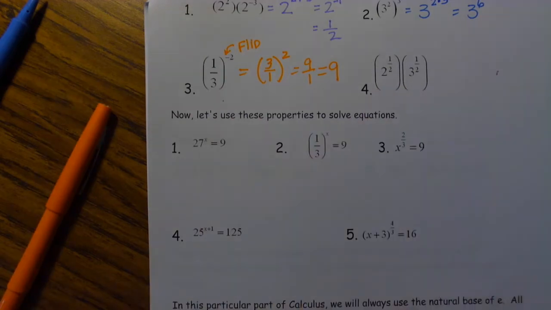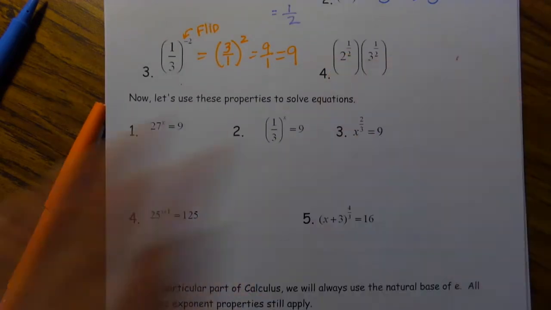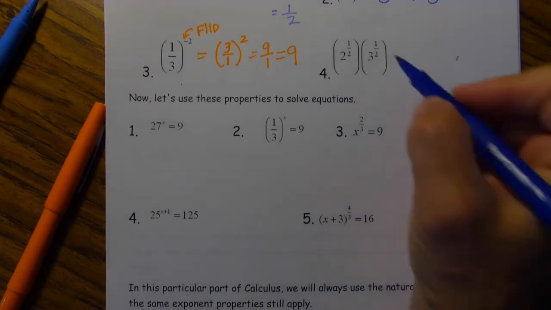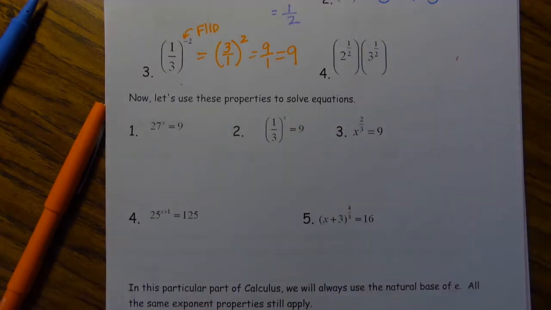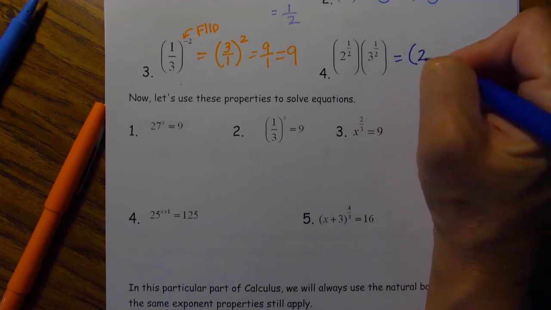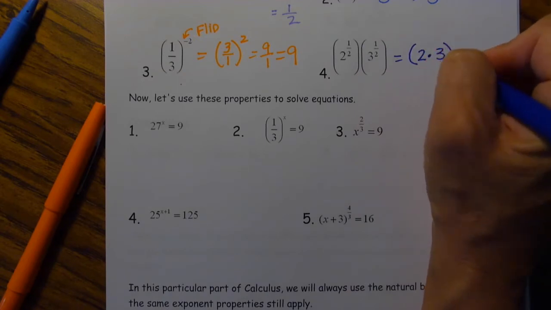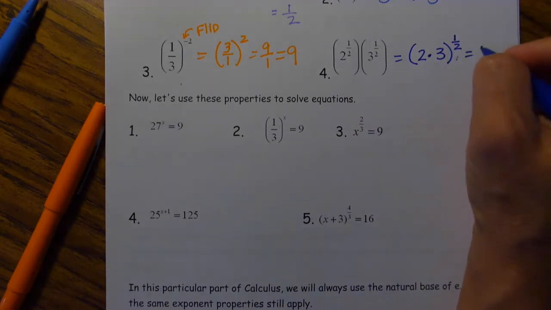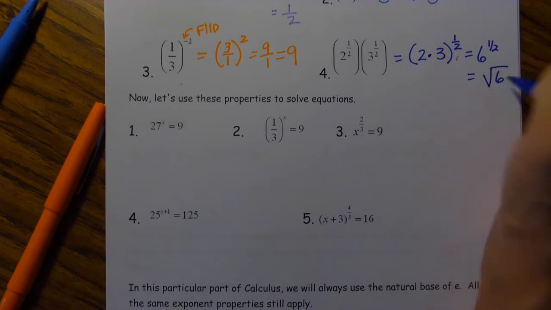What about this fella? 2 and 3 are not the same number. So what do I have to do with that? Well, if you look back to our rules on the first page, since the exponents match, can I pull the exponent out? Yes. Which equals 6 to the 1/2, which is the same thing as the square root of 6.